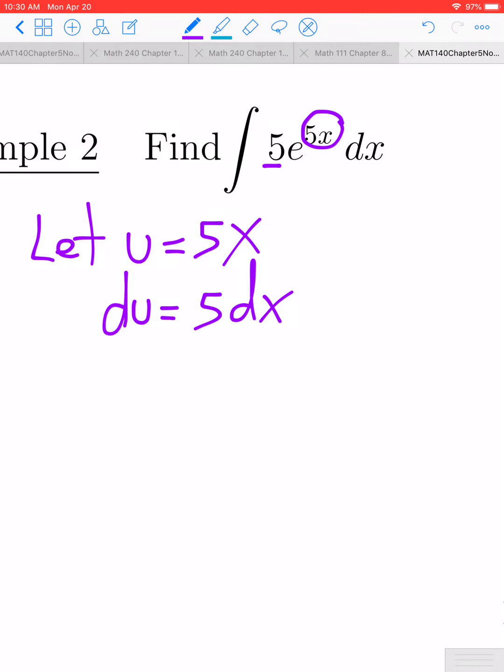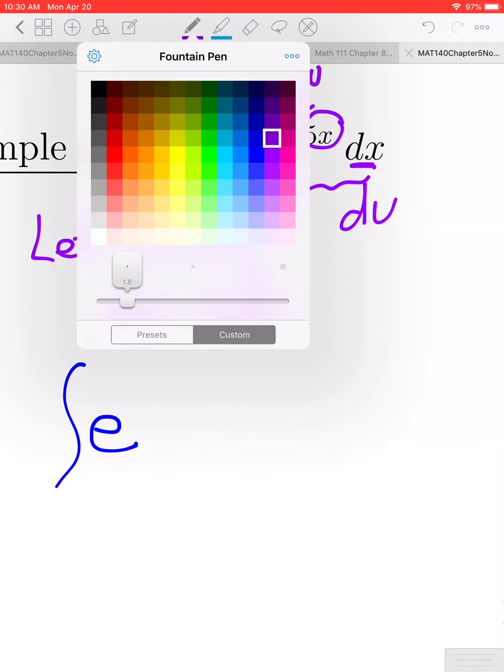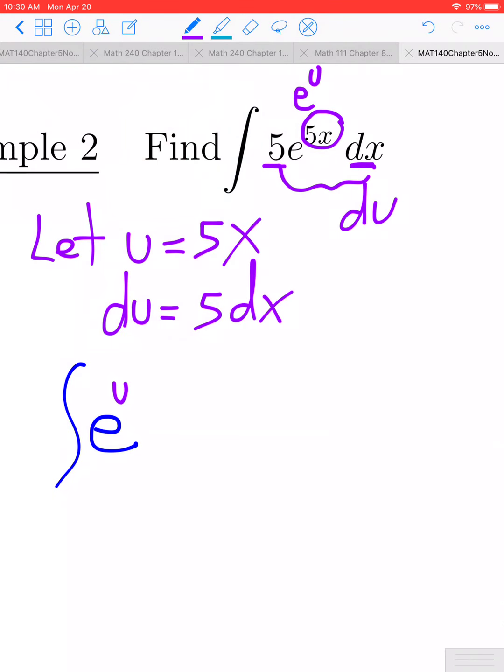What we see here is that this is now going to become e to the u, and the 5 and the dx multiplied together will combine to give us our du. So under this substitution, we get the following. It's going to be the integral of e raised to the u power du.